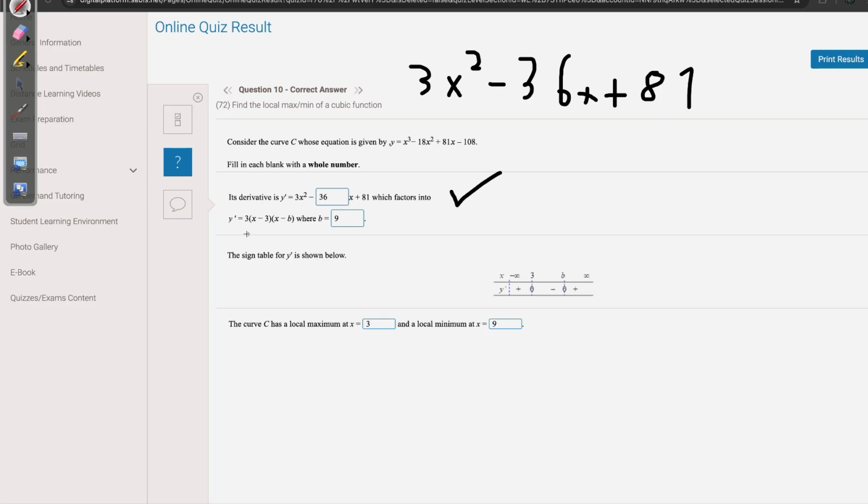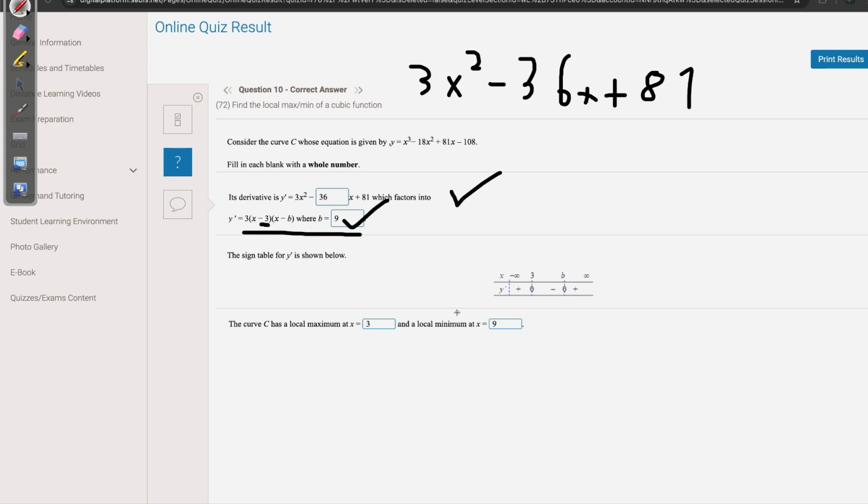And then for this part, we're just going to factor it out. So 3x squared minus 36x plus 81 is equal to 0. So x is equal to 9 and 3. We already have 3 here, so it will be 9.